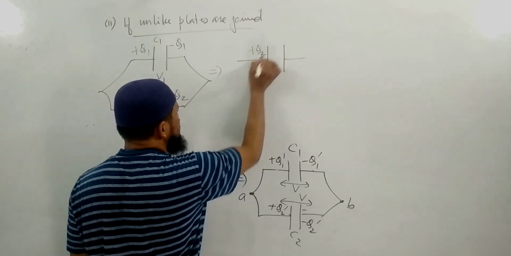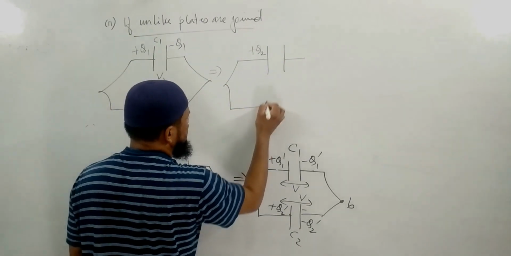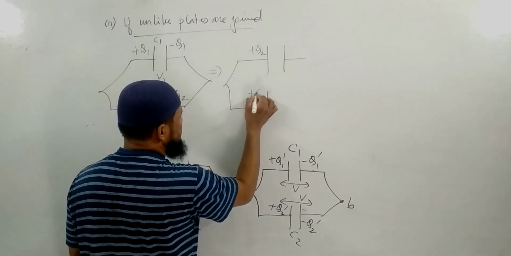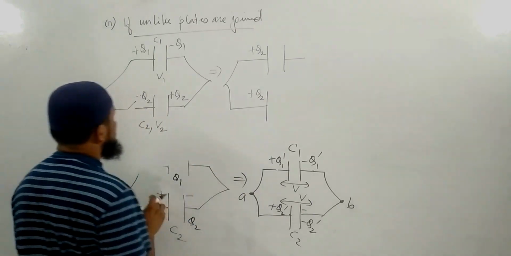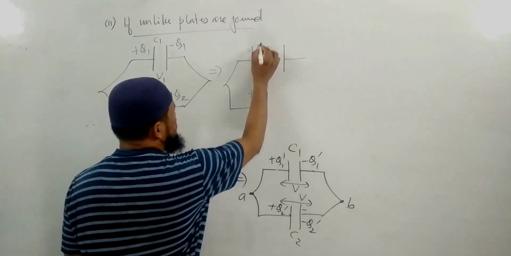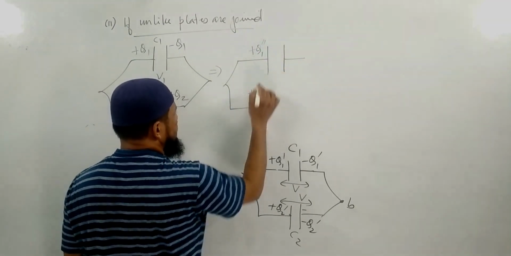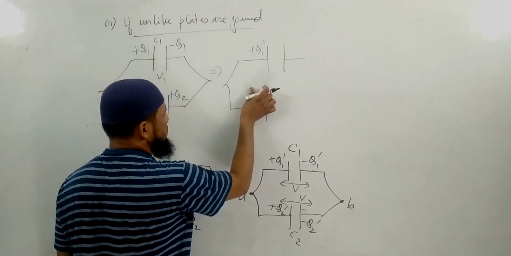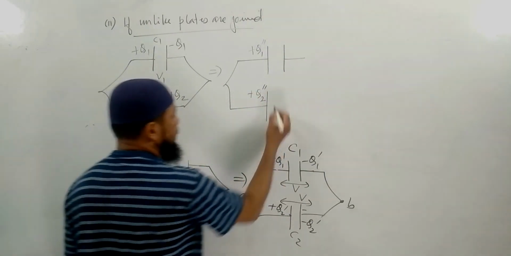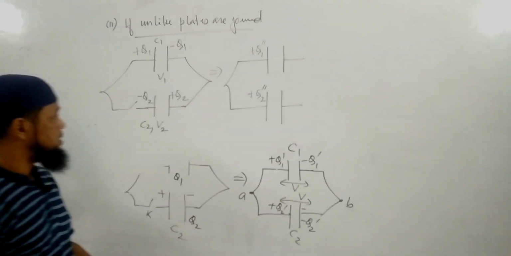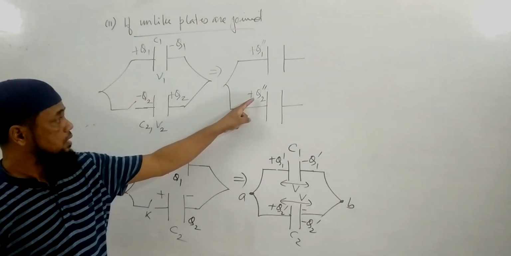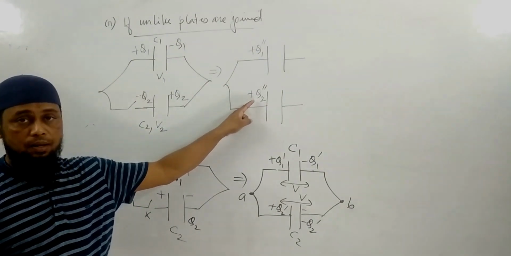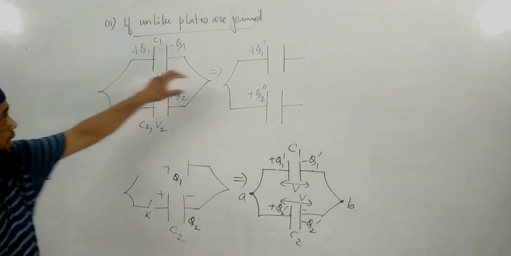Suppose here the charge is Q1 double dash, and suppose Q2 double dash charges here.